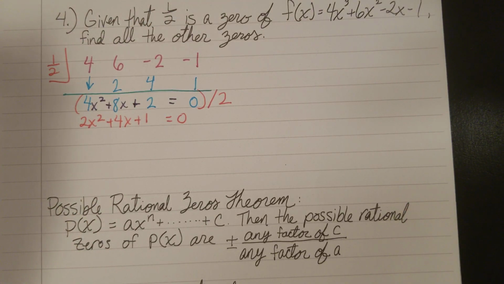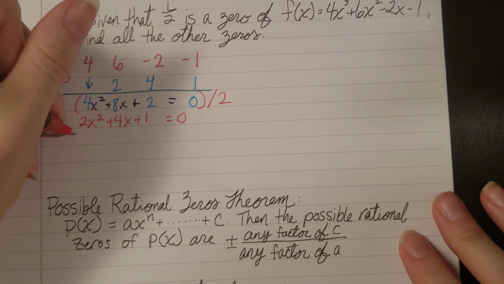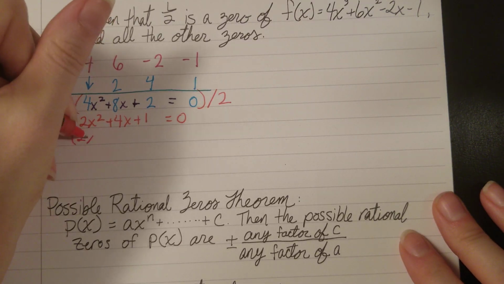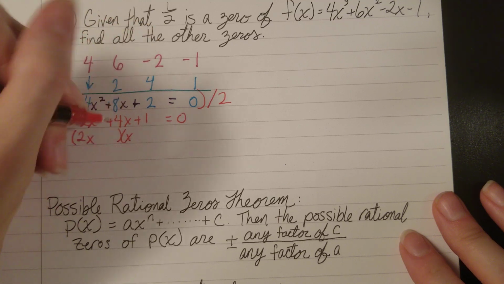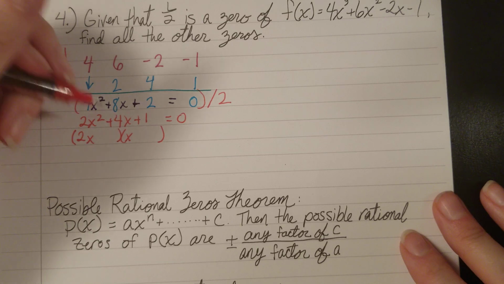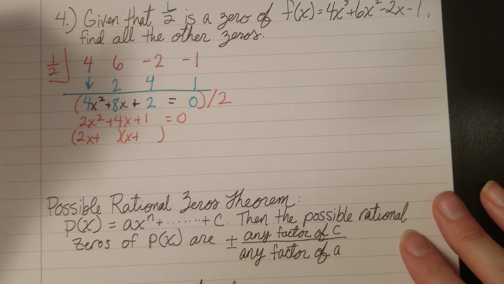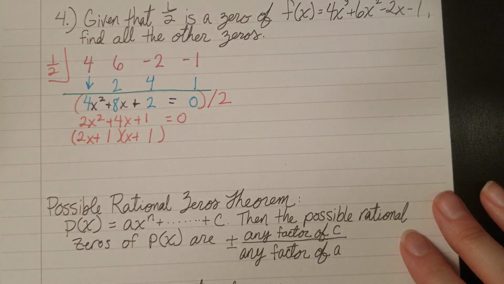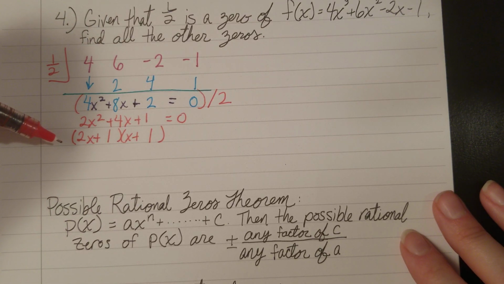If this is factorable, it would be very easy to factor. There's not very many possibilities. You'd have to have 2x times x to give you the 2x squared. Everything's positive, so these would have to be positive, and the only numbers that multiply to 1 are 1 and 1. So if it's factorable, it would have to be this.